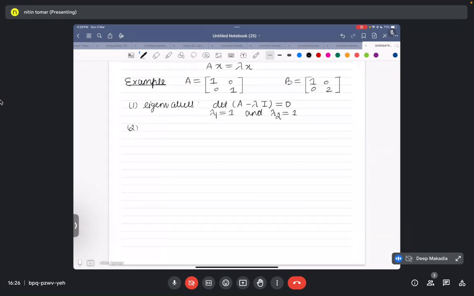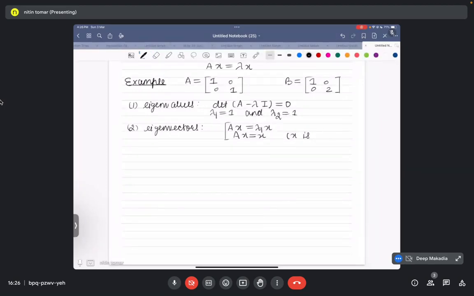Then to find the eigenvector, what do you do? You solve this system Ax equal to lambda 1 x, where lambda 1 is 1, which is Ax equal to x. So it is a linear system, right? X is unknown. But you know how to solve this system.